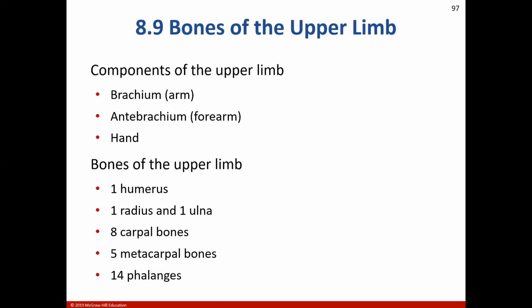So the upper arm and the lower arm, we'll do both, all the bones. Here are the names. This is cool. Humerus is the long upper arm bone. Radius, remember, is the thumb side in the anatomical position of a forearm. The ulna is medial, the pinky side. Then you have 8 wrist bones, 5 hand bones, and 14 phalanges that make up your finger bones.